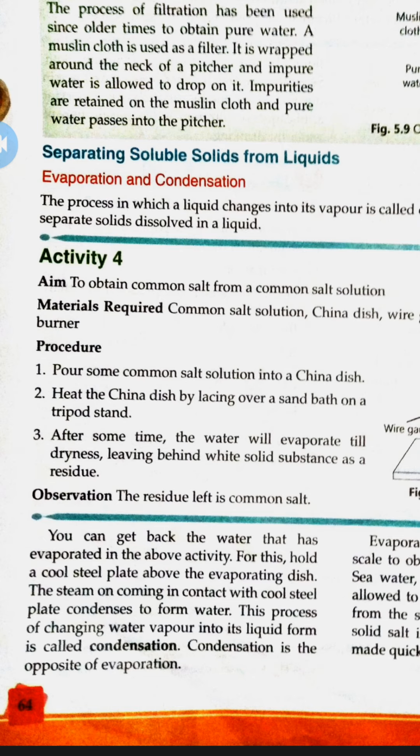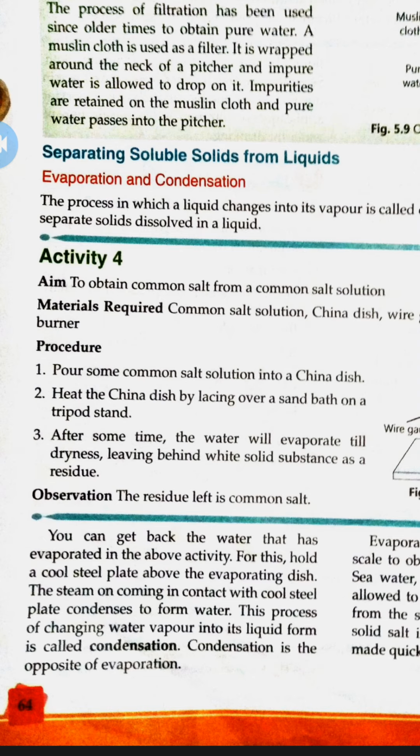You must have seen that when you boil milk and then keep a steel plate to cover it, and then remove it after some time, you can see some water droplets on it.